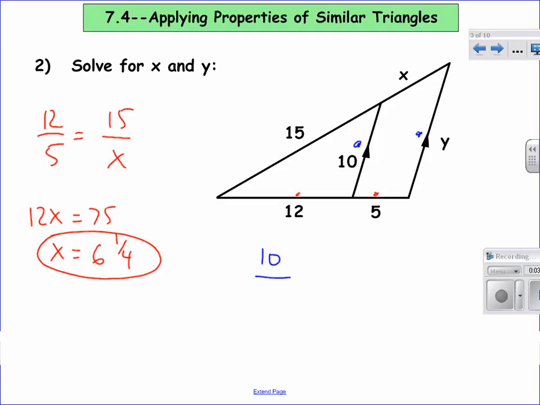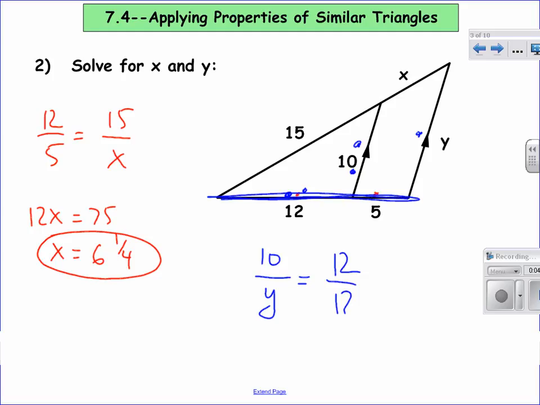So 10 is to y as, let's match these sides over here, 12, which is the whole side in this triangle. So 10 is to y as 12 is to this whole side here, which must be 17.